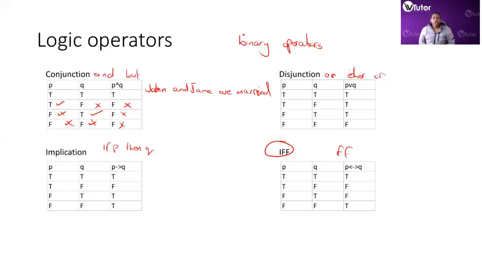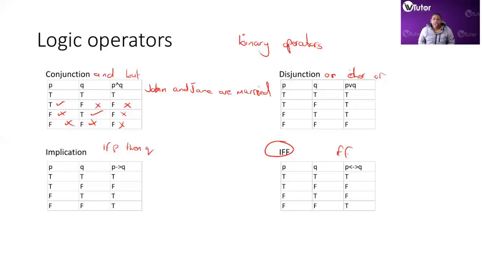Any scenario where John has a marriage contract and Jane has a marriage contract is valid. Whether they're married to each other, whether they're all married to someone, if it's a polygamous relationship or whatever, any scenario that results in both of them having a marriage certificate is valid.